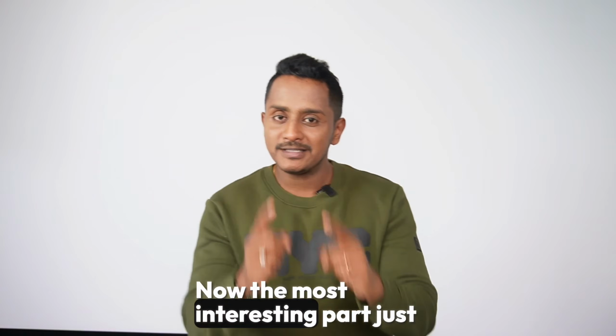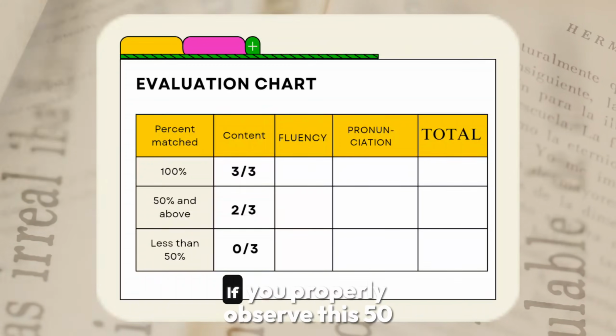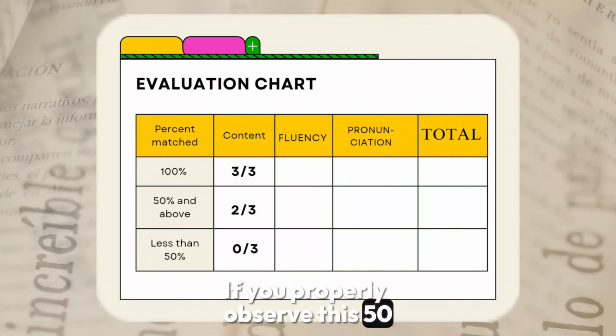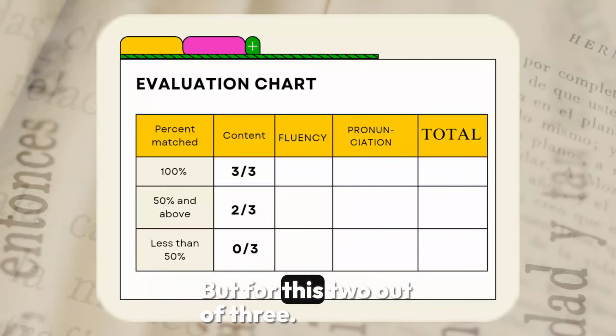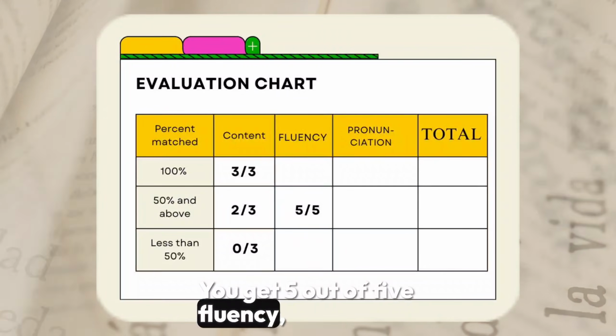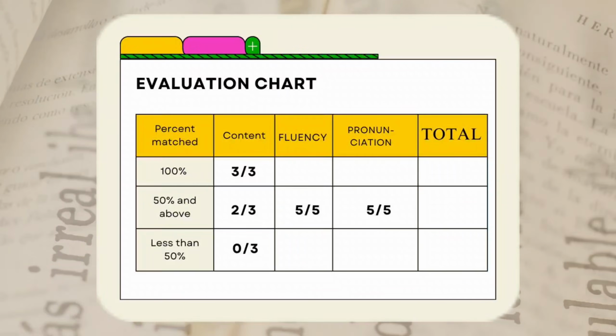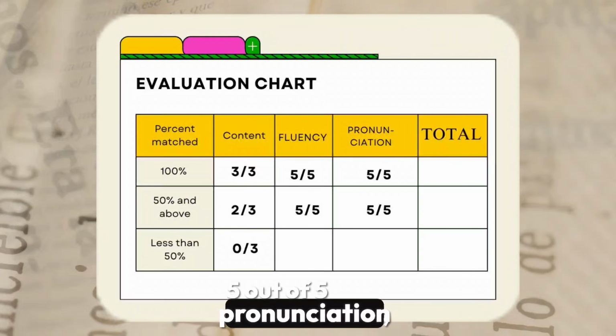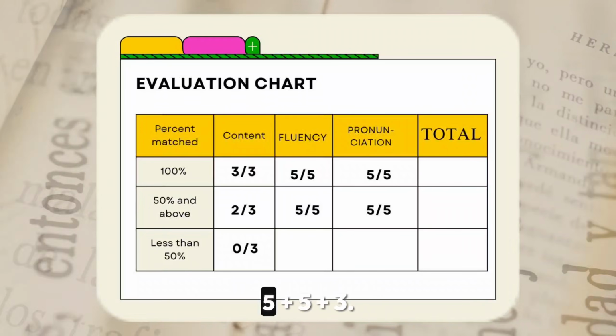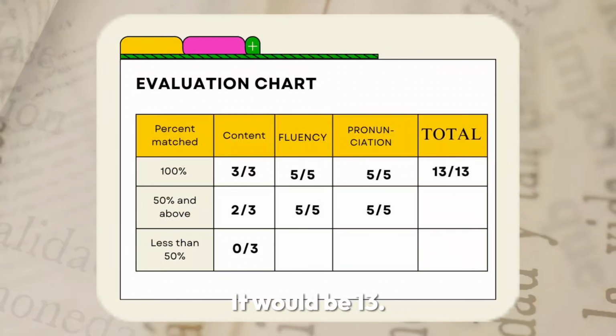Now the most interesting part just unveils. If you properly observe this, 50 and above percent matches with respect to content, you get 2 out of 3, but for this 2 out of 3, you get 5 out of 5 fluency, 5 out of 5 pronunciation. So let's say you spoke everything correctly, you get 5 out of 5 fluency, 5 out of 5 pronunciation, 3 out of 3 content, 5 plus 5 plus 3, it would be 13.